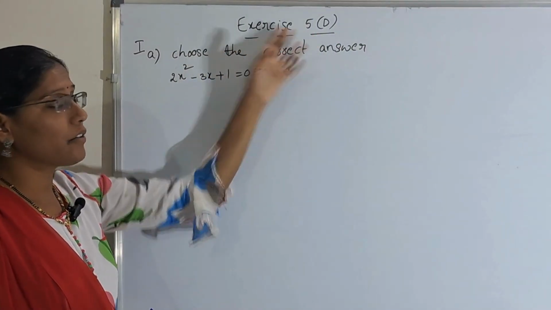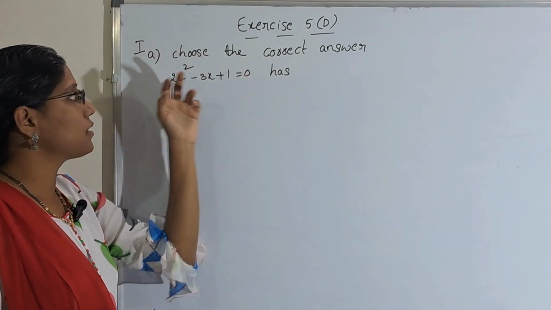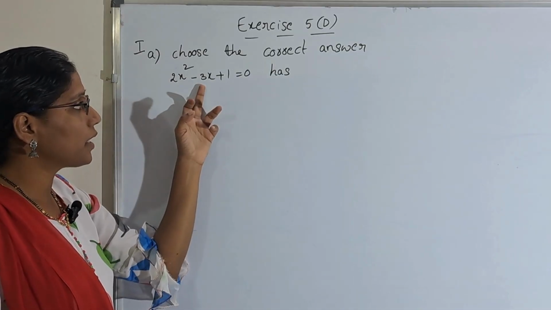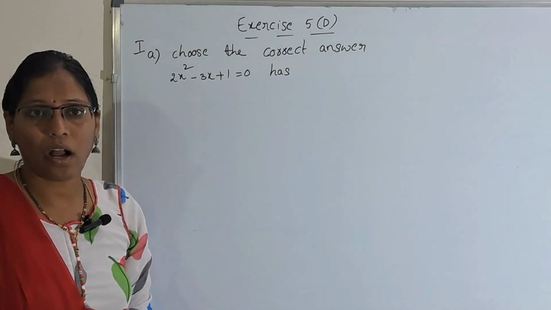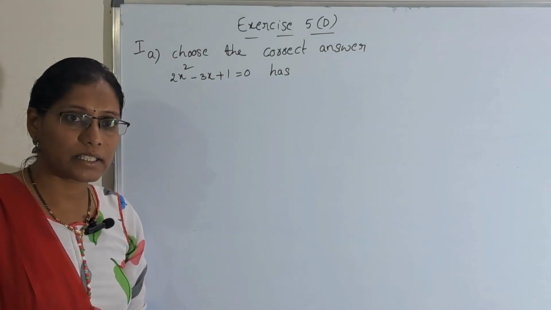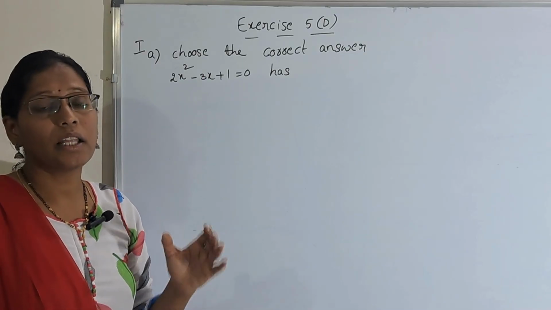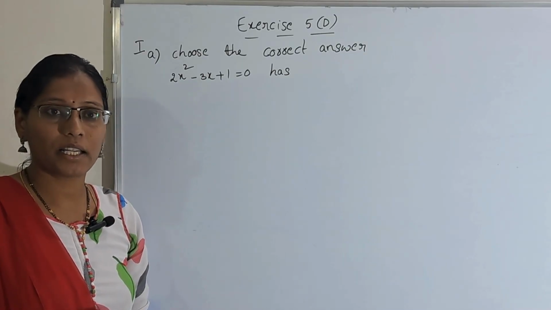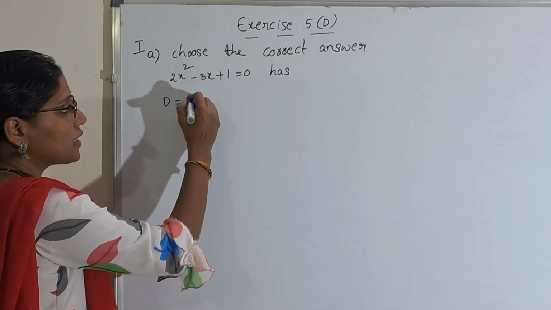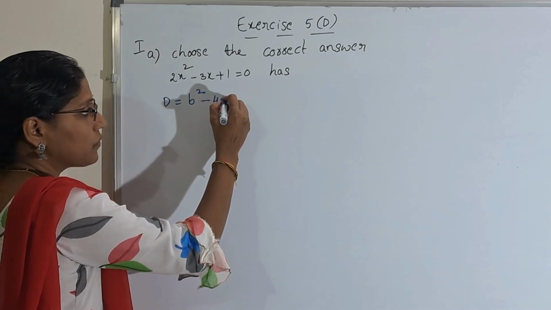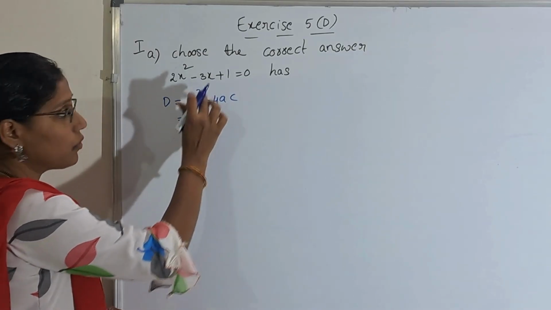Next, exercise 5D. First main, choose the correct answers. A problem: 2x square minus 3x plus 1 is equal to 0 has. Here we have to find the discriminant. Depending upon the discriminant only, we can find out whether roots are real, unequal, or imaginary. Here d is equal to b square minus 4ac. What is the b value here?